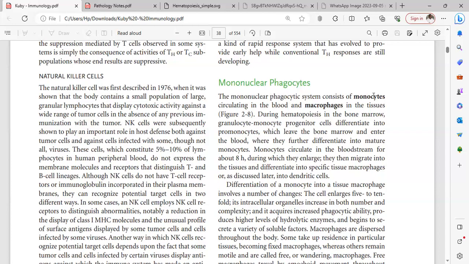So we appreciate that monocytes are usually in circulation, and macrophages are usually in the tissues. Monocytes and macrophages are both involved in phagocytosis, or another word is intracellular killing of microorganisms. So they kill the organisms intracellularly. I think we have gone through those 5 steps of phagocytosis.